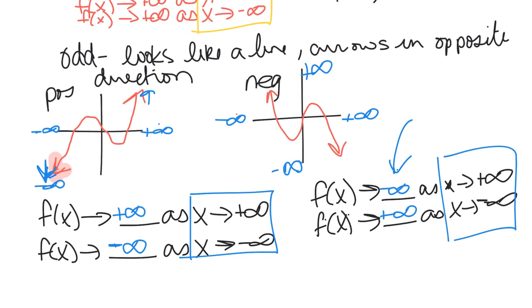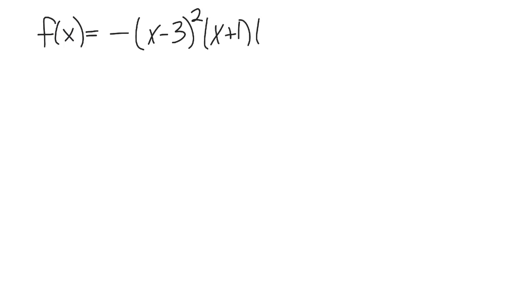So this is how you write it, and then to sketch it, we're going to use just the ideas that we were before, but we're going to look at it in already factored form. So to sketch, let's say f of x equals negative x minus 3 squared times x plus 1 times x plus 2.